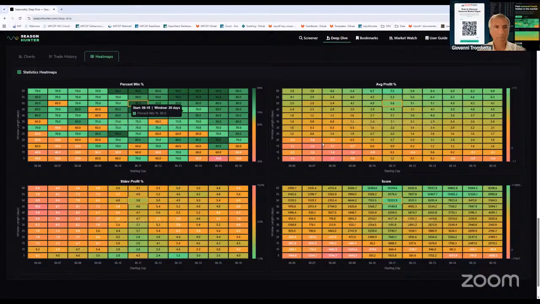So we have percentage win, average profit, the standard deviation of the profit, and then the score, which is a combination of these three. Higher score is better. And we also see on the score side that this seasonal is quite stable, or robust, even for 10 years.